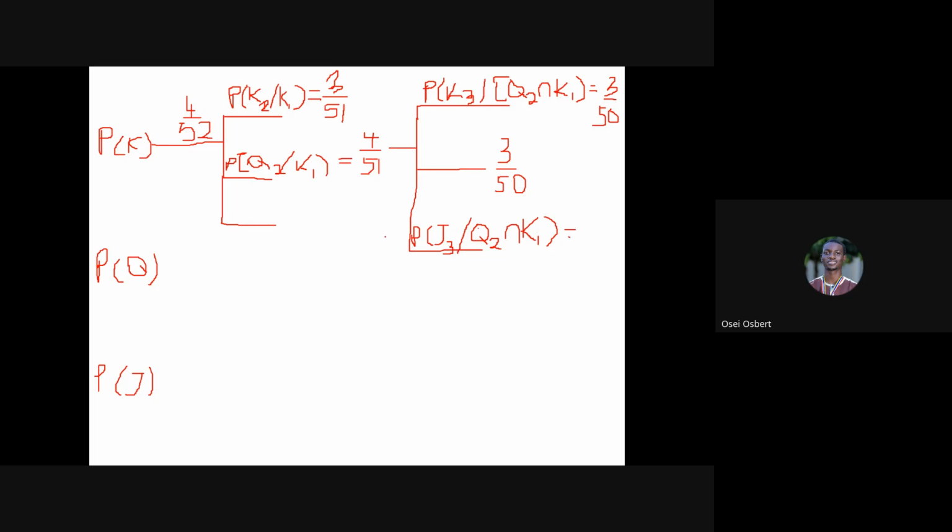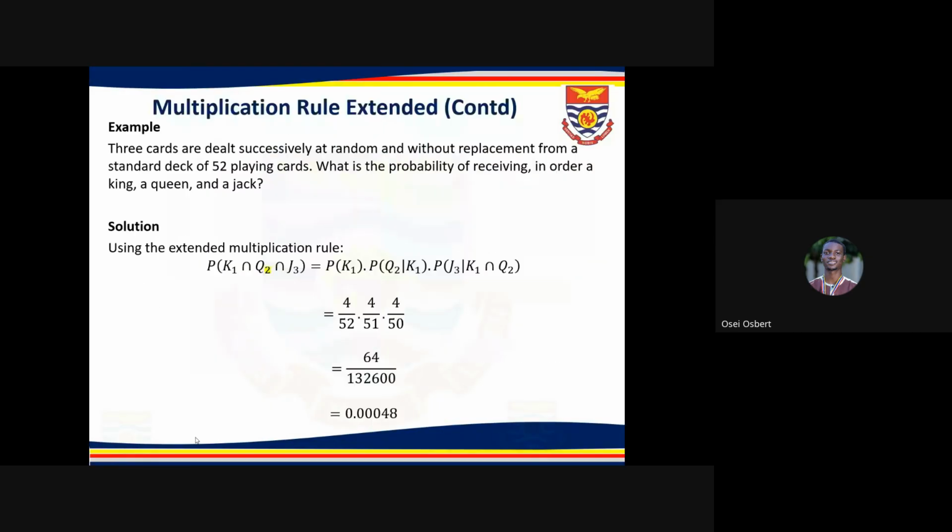That will give us 4 on 50, because this is our first selection of 4 on 50. So we multiply this, multiply that, and multiply that. That's succession, that's what we use here. I think there is some form of clarity here.